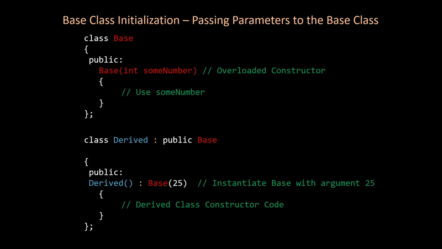You can see there it says initiate base with an argument of 25. So all I'm doing is passing a parameter to my base class. That's the simple syntax for that. It's not overly complicated. So let's see if we can find a practical example in Visual Studio.